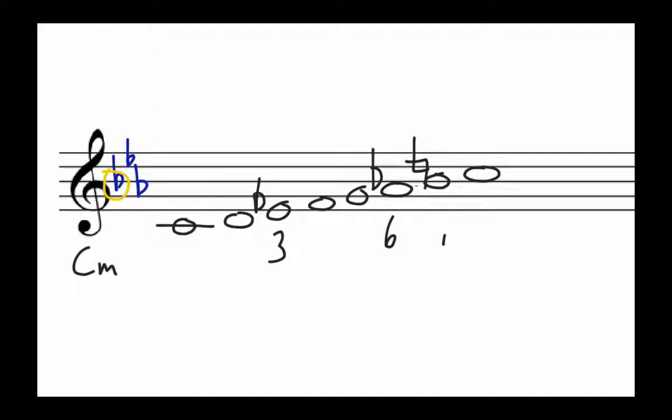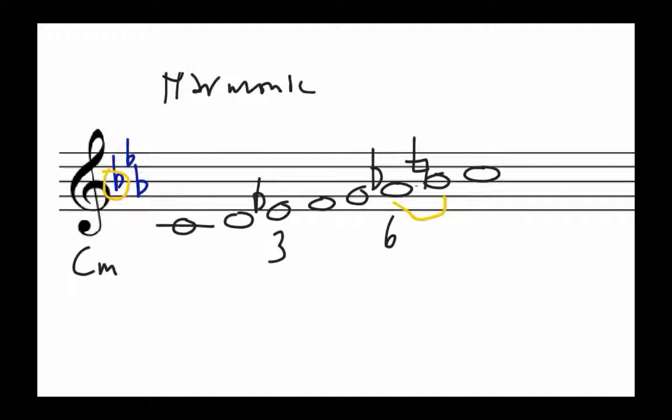And by doing that, we end up having in between the A flat and the B natural now an augmented second, a larger interval. So that's the harmonic minor scale. And then the other form of the minor scale is called the melodic minor.